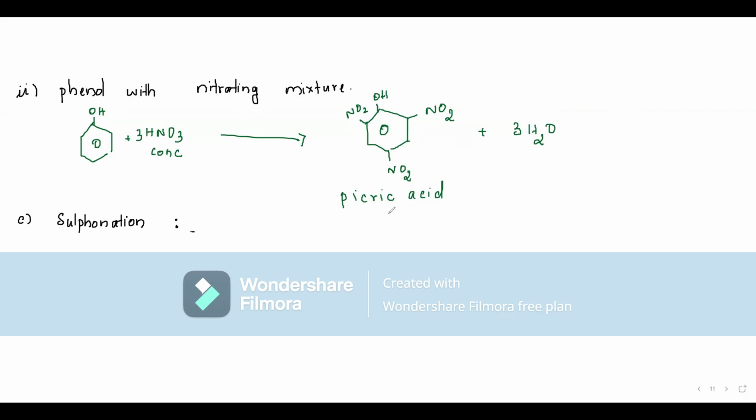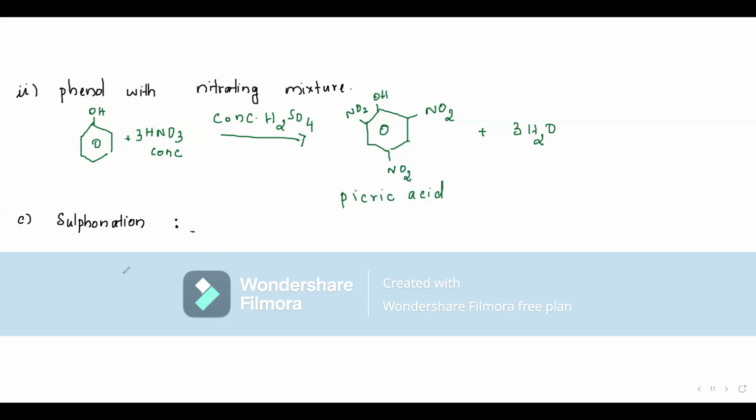To increase the yield of this reaction or the product picric acid, you can use concentrated sulfuric acid also, that is nitrating mixture. Without sulfuric acid, the reaction will take place, but the amount of picric acid obtained will be less. But with concentrated sulfuric acid, you can increase the amount of product, yield of product can be increased.